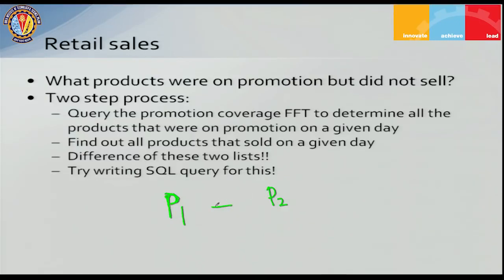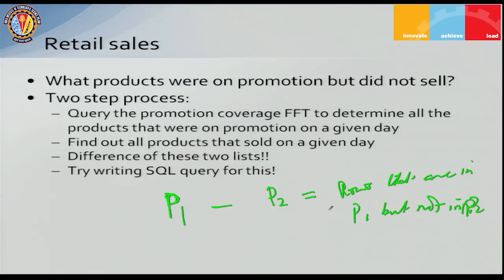So if I do a set difference, the difference operator. If you are familiar with relational algebra and the relational model, you know what set difference is. P1 minus P2 gives the rows that are in P1 but not in P2. So this would give me a list of products which were on promotion but did not sell.